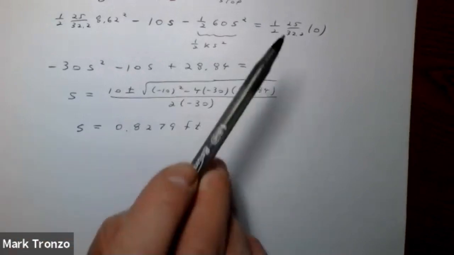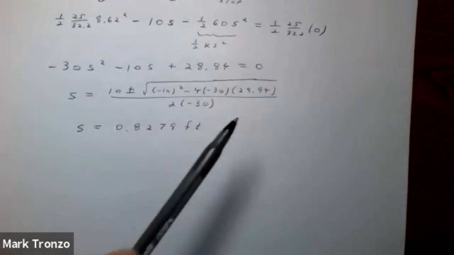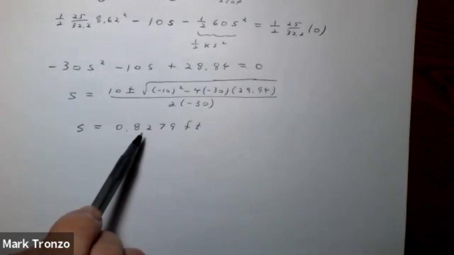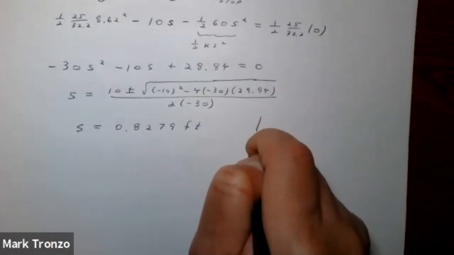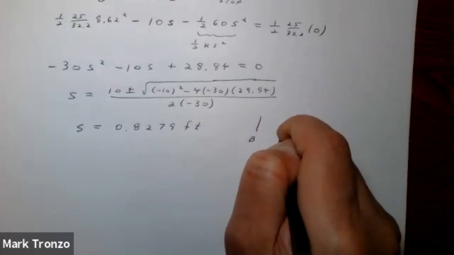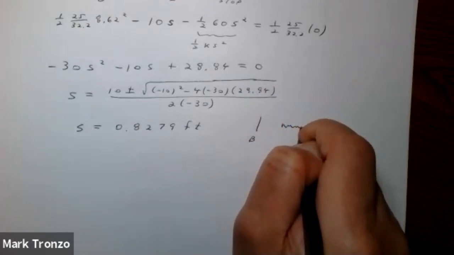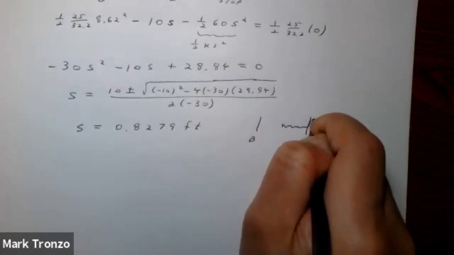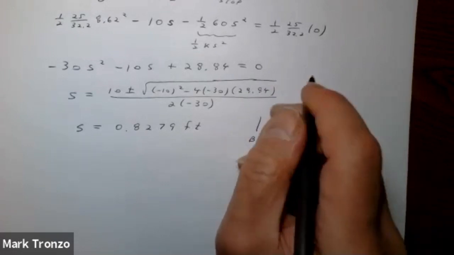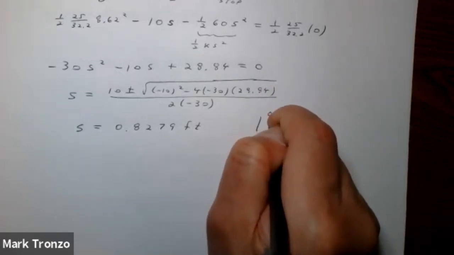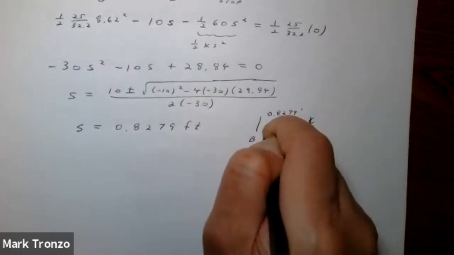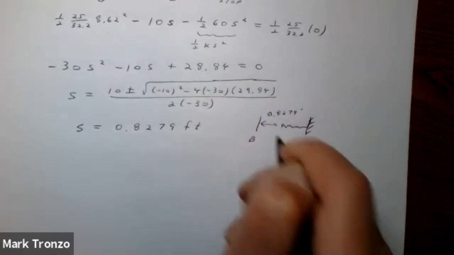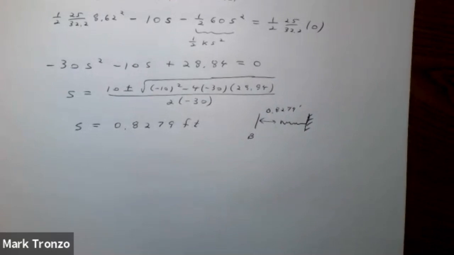So I changed that to 60 pound per foot, and then we get this. So this is from B to where it's compressed. It's compressed 0.8279, that's what it's going to be compressed right there.